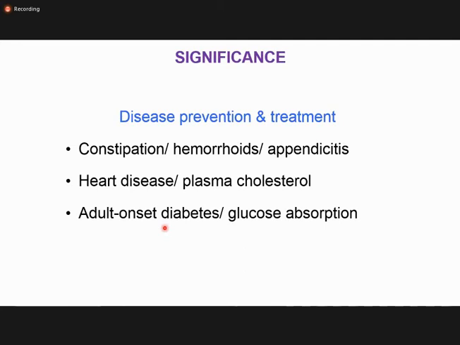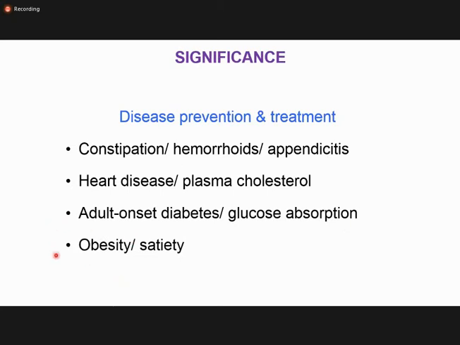Adult onset diabetes and glucose absorption: adult onset diabetes can also be prevented by taking a significant amount of fibers in the diet, because it directly decreases glucose absorption.